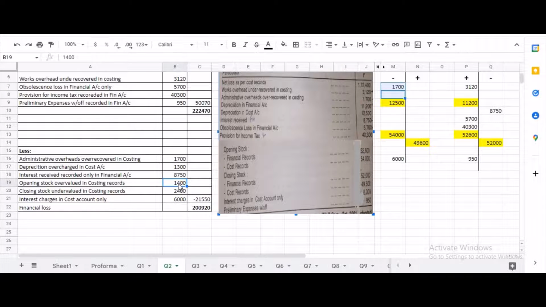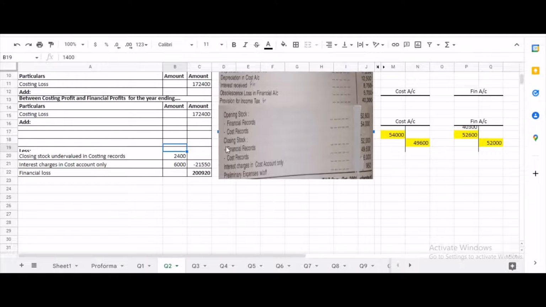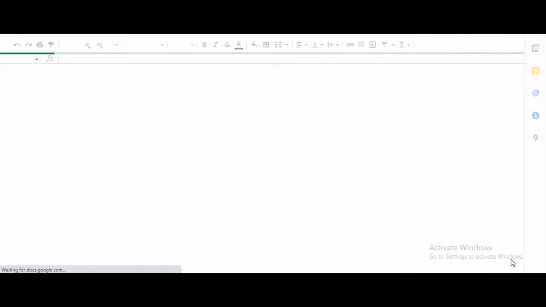We take both accounts, the greater and the lesser, and subtract the lesser from the greater. If the balance comes on the debit side, the minus side of the cost account, it is the less part. If it comes in the add part of the financial account, then it will be the add part.